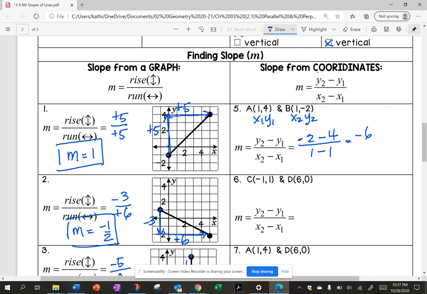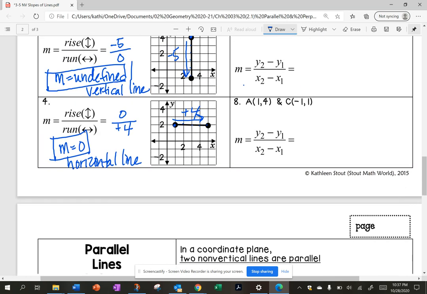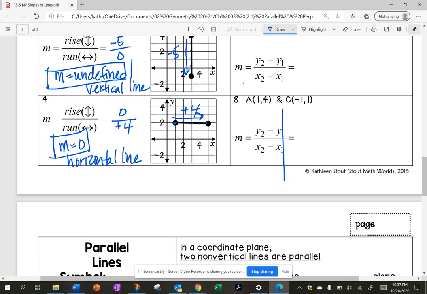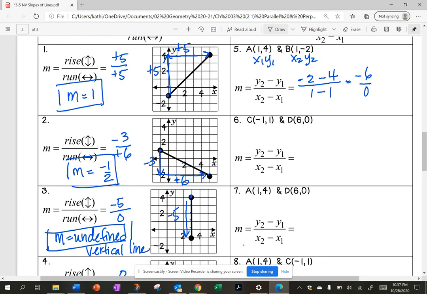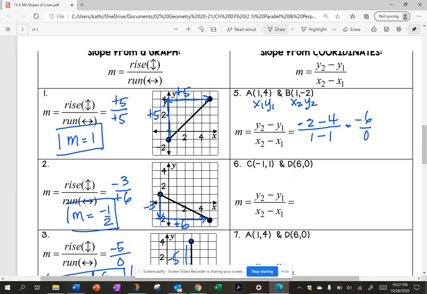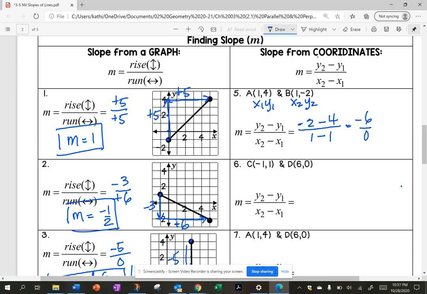So I get negative 6 divided by 0. Anything divided by 0 is undefined. So my slope is undefined. When my slope is undefined, I know I have a vertical line.